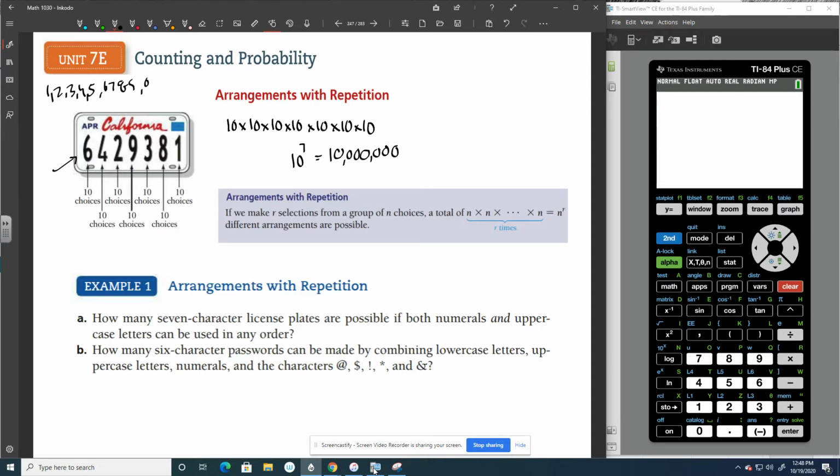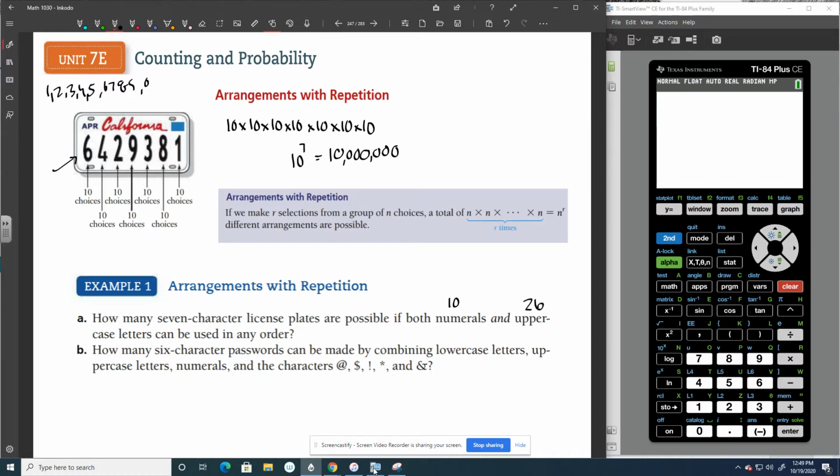Now, if we are looking at a little bit more, let's say instead of just numbers. So example 1 right here asks how many 7-character license plates are possible if both numerals and uppercase letters can be used. Well, there's 10 numbers that can be used, 1 through 9 plus 0. And uppercase letters, there's 26 letters in the alphabet.